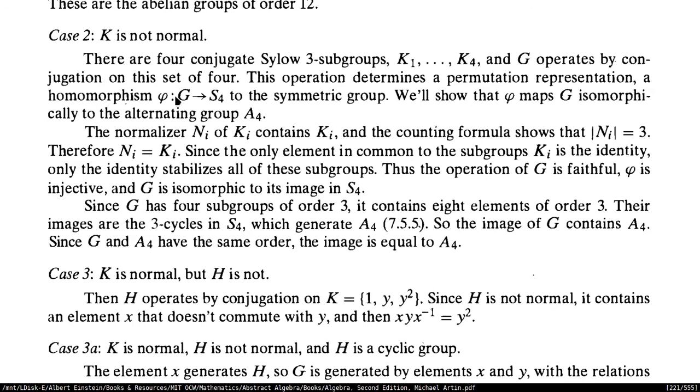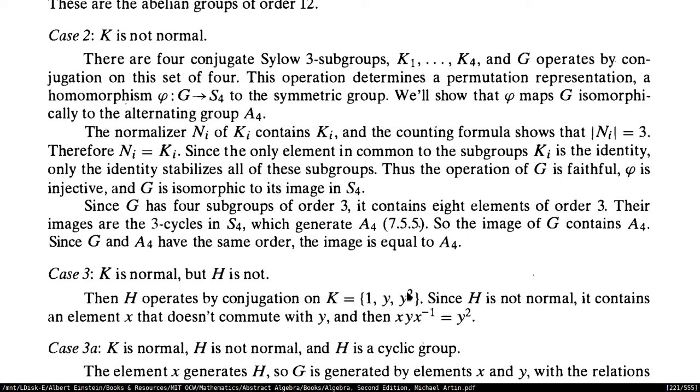So anything from G would map to 3 cycles. And how does it map that? Well, let's see. You consider the normalizer of Ki, one of the K's conjugates. And the counting formula we know shows that the order of the normalizer is 3.